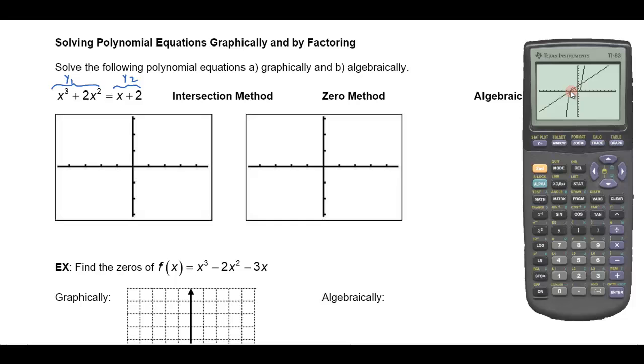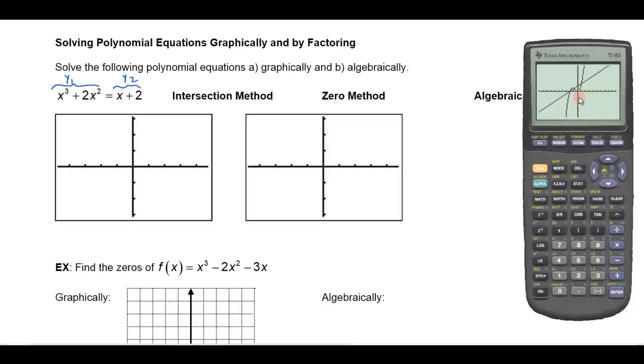And you can see that there are several points of intersection. So this x plus 2, you can see that's the line, and the x cubed plus 2x squared, that's this sort of squiggly curve right here. And I want to know where they're equal, and equal in terms of the graph means where they intersect.